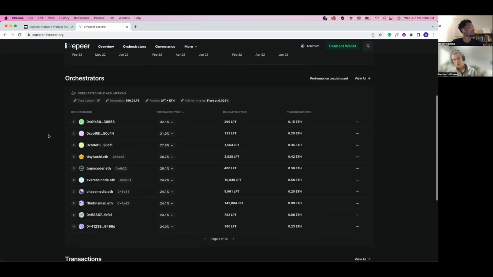Yeah, totally. So on the previous iteration of the Explorer, this orchestrator listing is an area where we got a lot of feedback from delegators that it was a little bit challenging to make effective decisions.